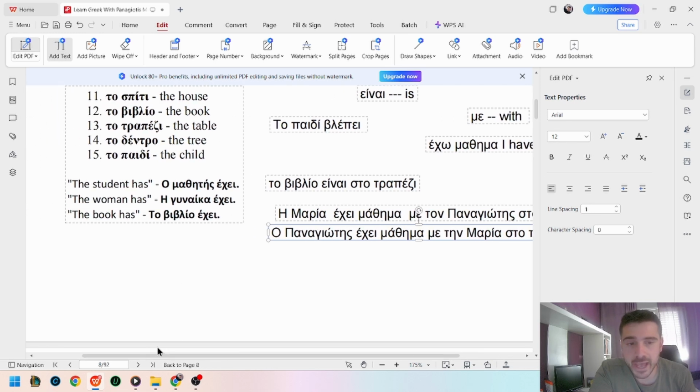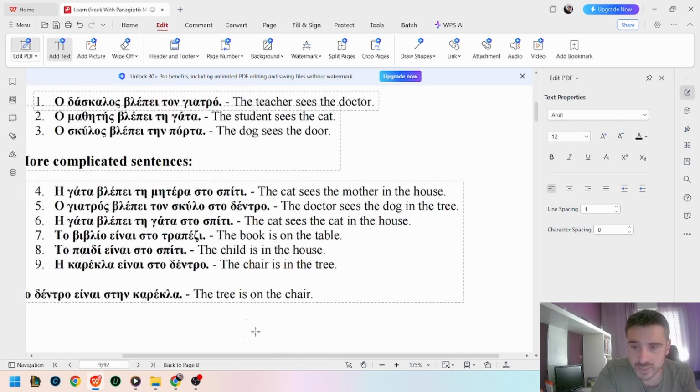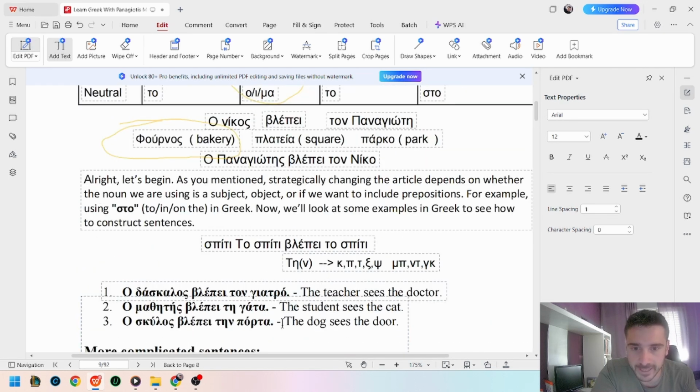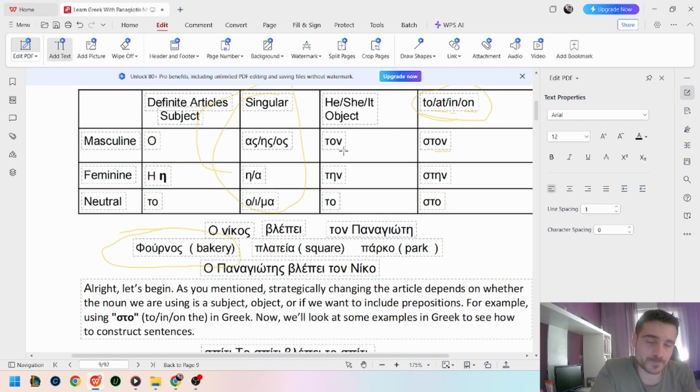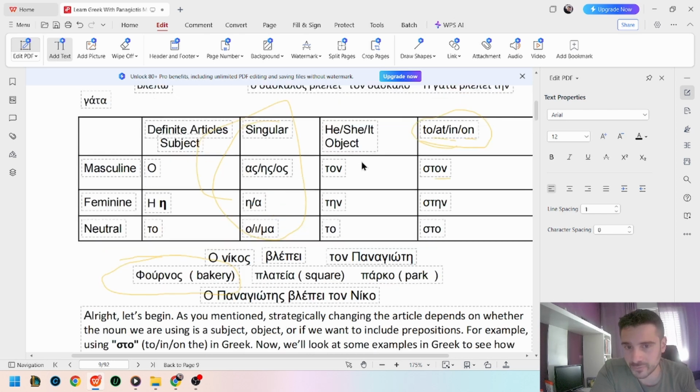Λοιπόν, αυτά με τις προτάσεις στα ελληνικά. This is how we make sentences in Greek. Let's see one small thing here and some examples, and then you are ready. There is a rule you have to remember if you want.